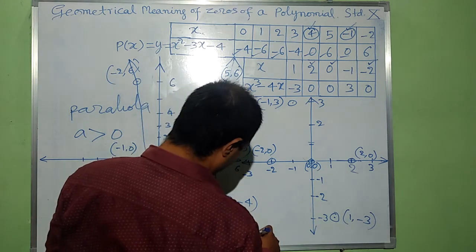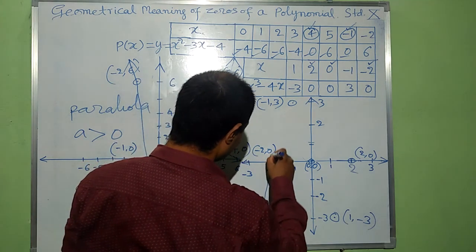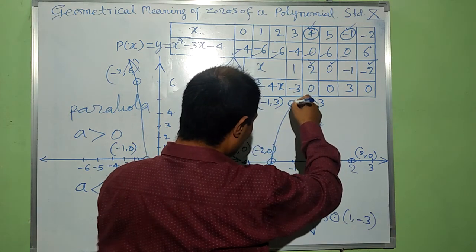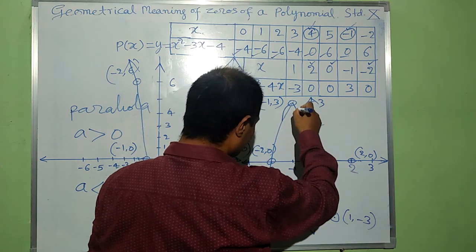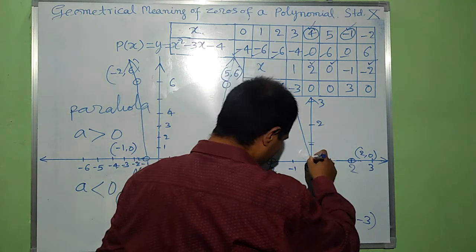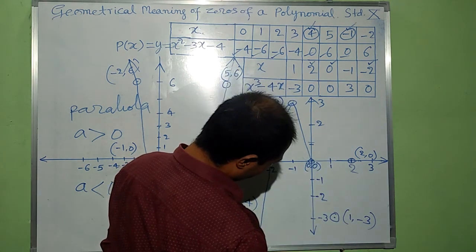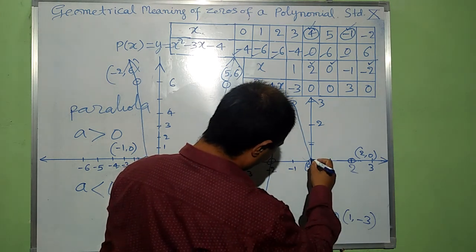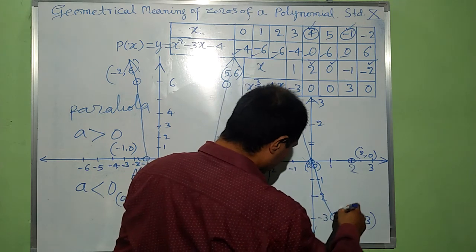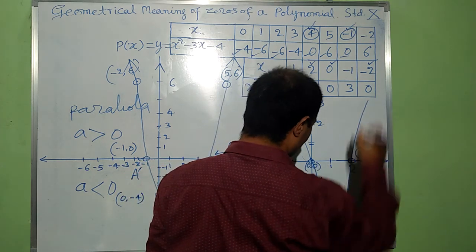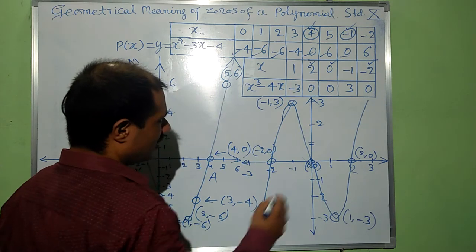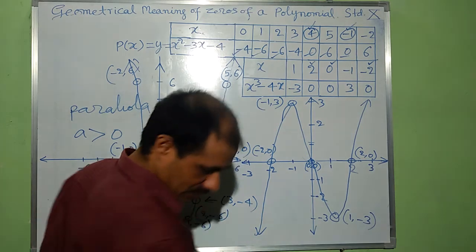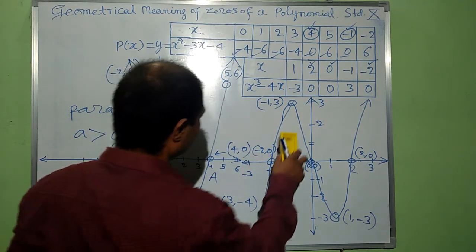The graph will go like this. After that we have to come here. This is the graph of a cubic polynomial.